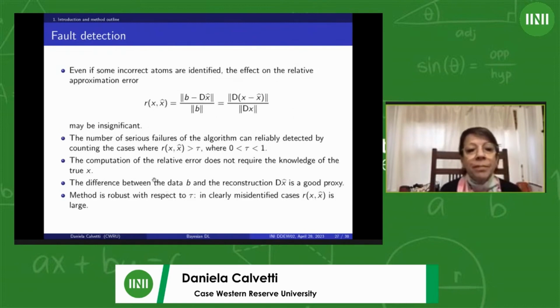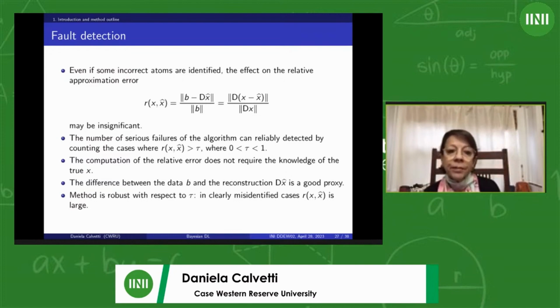And what was interesting, we tried to do some analysis on when things go bad, and we saw that even if sometimes some incorrect atoms are identified, in general, the effect of this misidentification in the relative approximation error of the data, which we define as the norm of the difference between the datum B and the approximation divided by the norm of B, may be fairly small.